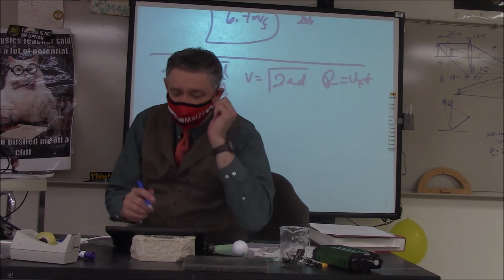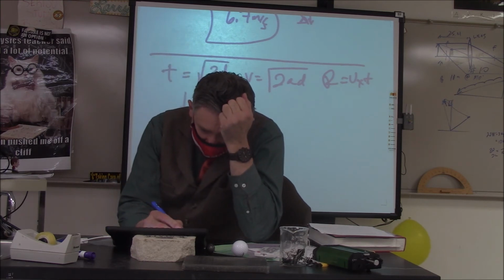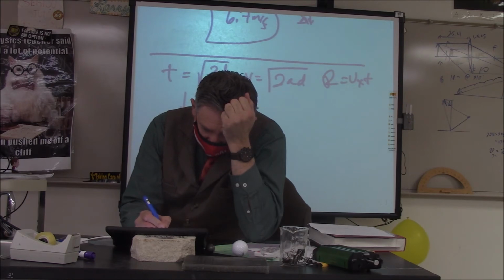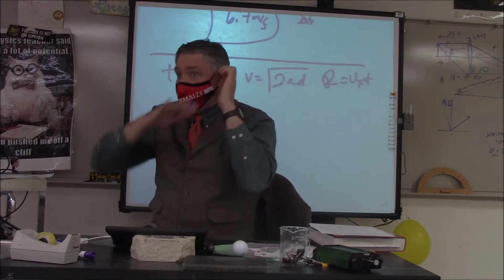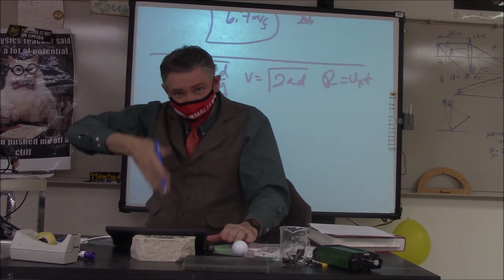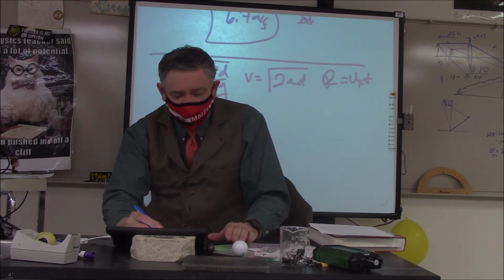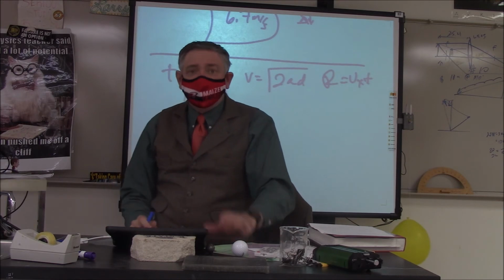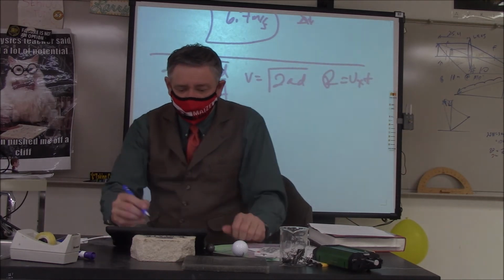Remember, this comes from distance equals 1/2 at squared plus v naught times time. Again, what happens in the x stays in the x, and what happens in the y stays in the y. We're assuming that our initial velocity is 0, and we solve for time.